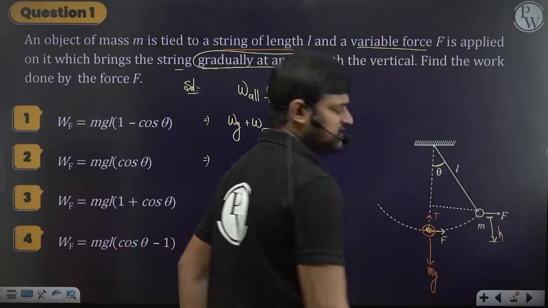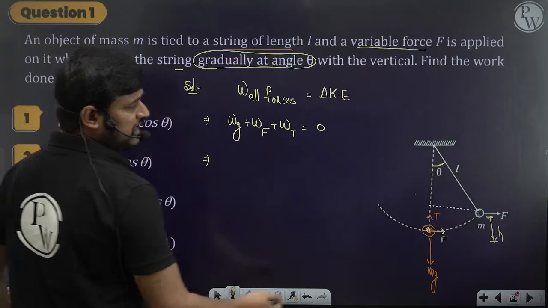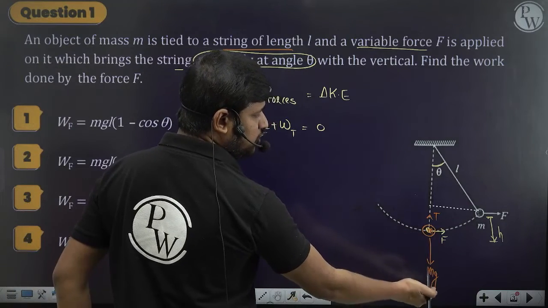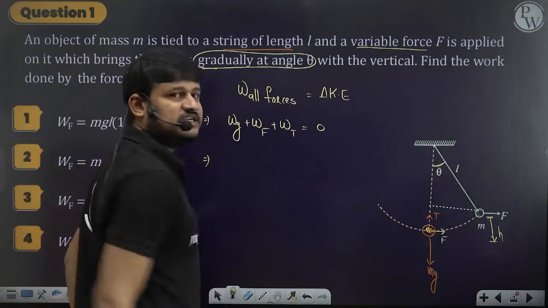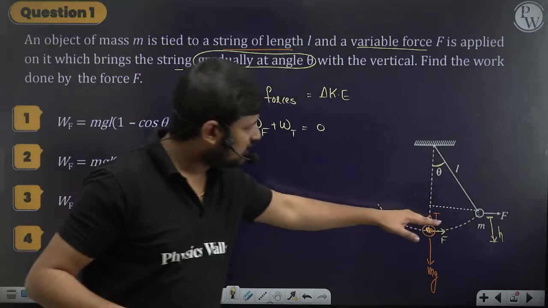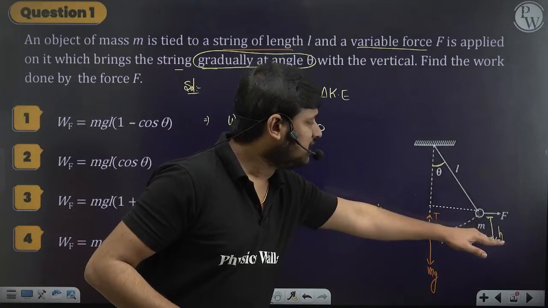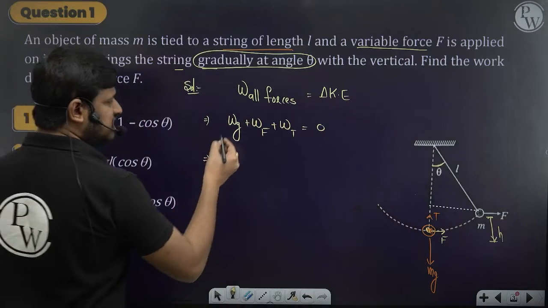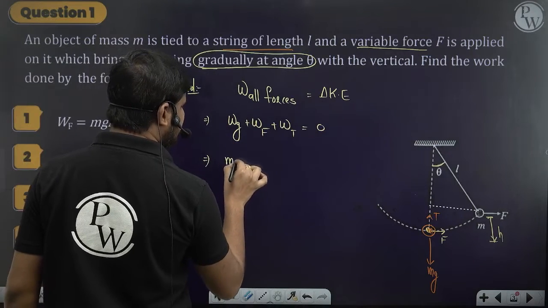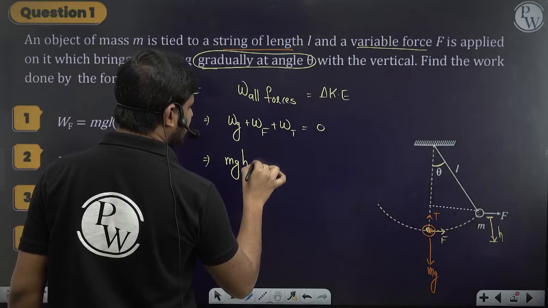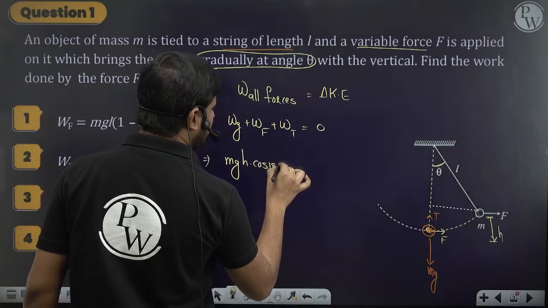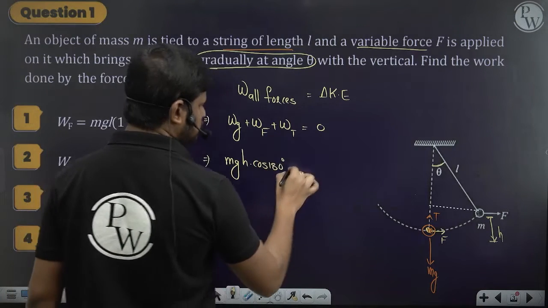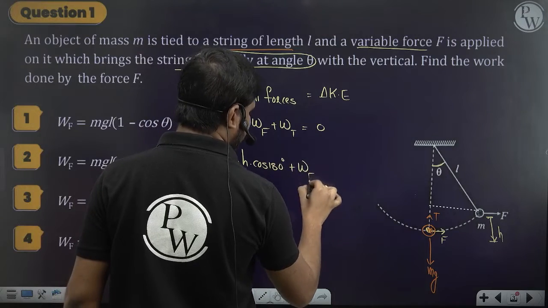The gravitational force is downward, but its displacement is upward. So the work done by gravity is mg into h, with an angle of 180 degrees between them. Then we have to find the work done by the applied force.